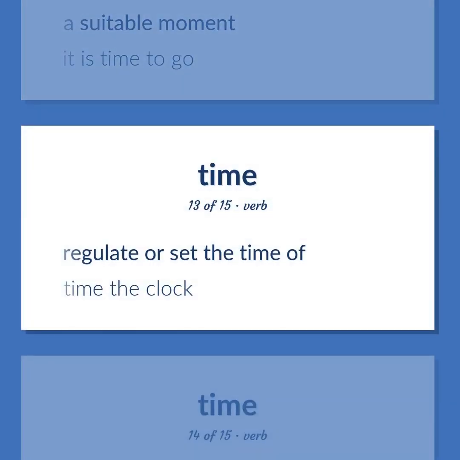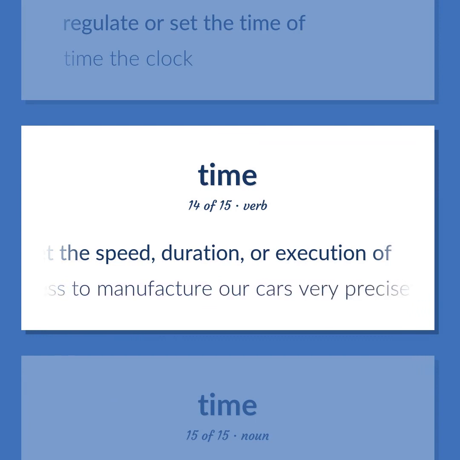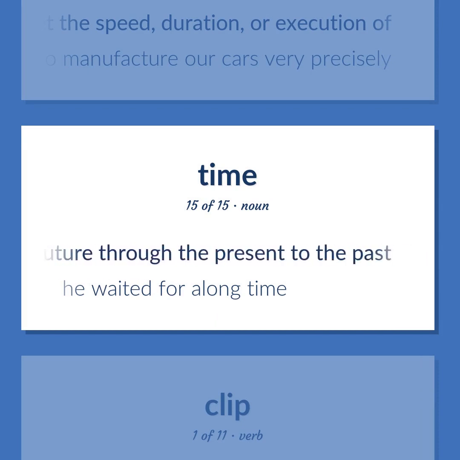Regulate or set the time of. Time the clock. Set the speed, duration, or execution of. We time the process to manufacture our cars very precisely. The continuum of experience in which events pass from the future through the present to the past. He waited for a long time.